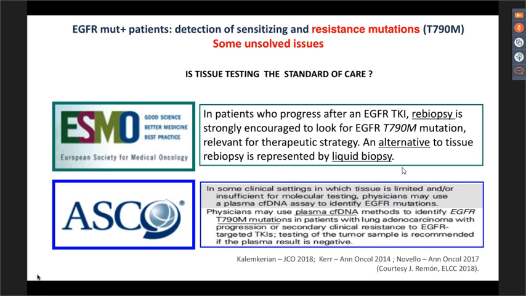At this point of my talk, the key question is, in this clinical scenario, should tissue testing always be the standard of care, at least in the resistance setting?